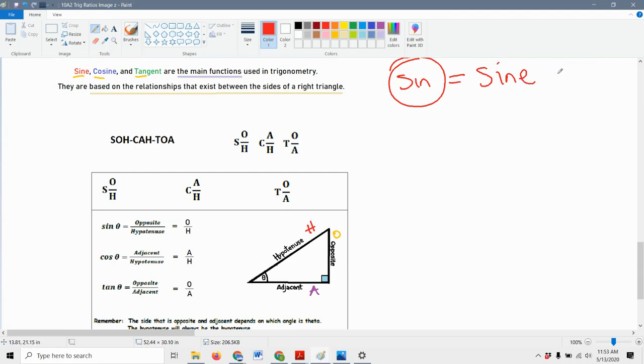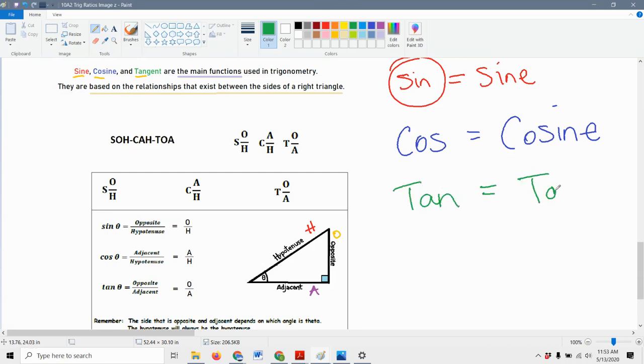And of course, that's not how sine is often spelled, but this is how sine is spelled for trig. We write it just S-I-N. And then cosine, we just write C-O-S, but we say cosine. And then tangent, same thing, we write it T-A-N, but we say tangent, okay?